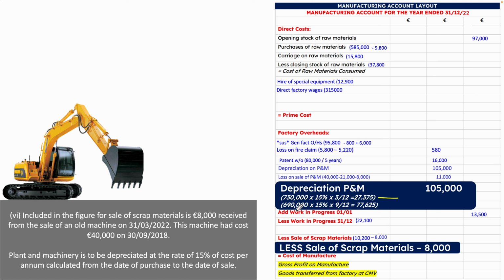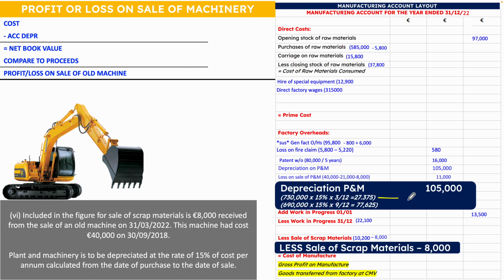So you can see here, 730,000 multiplied by 15% multiplied by 3 over 12 gives us 27,375 euro. And then the last 9 months of the year, 690,000 multiplied by 15% multiplied by 9 over 12 is 77,625. We add both of those together and we get 105,000 depreciation for the year.